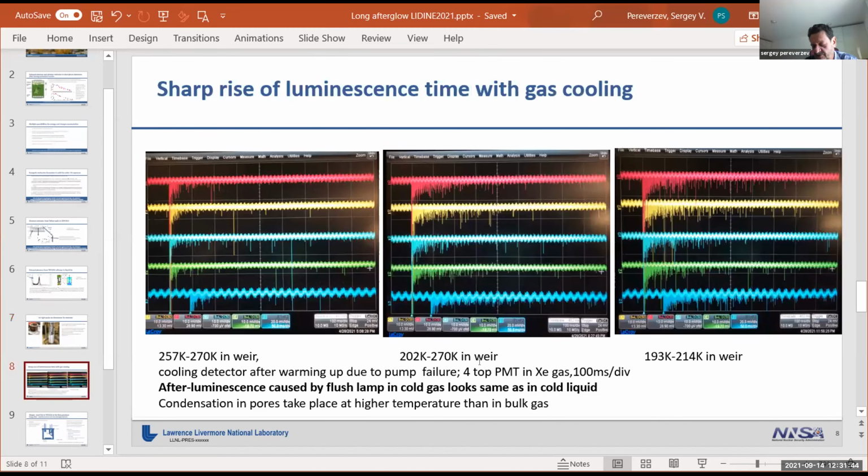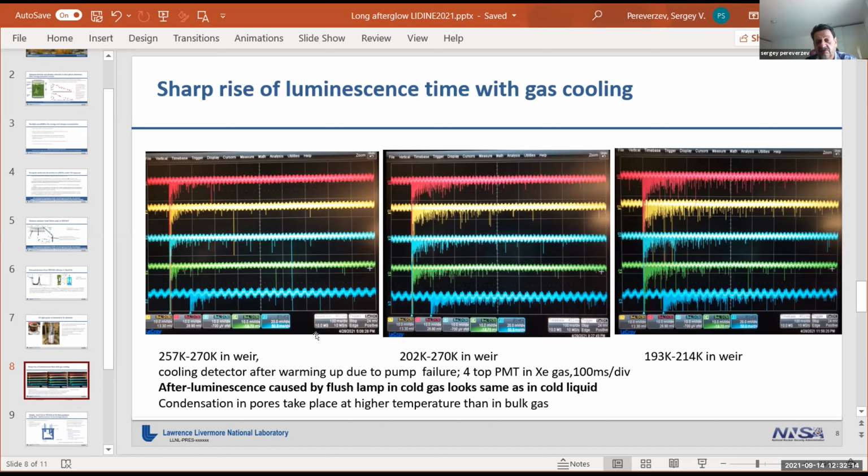But what we observe, initially just by chance, when we were warming up the detector, we found that this delayed luminescence lasts for several tens of milliseconds. But when we warmed up the detector, it was gone at room temperature.